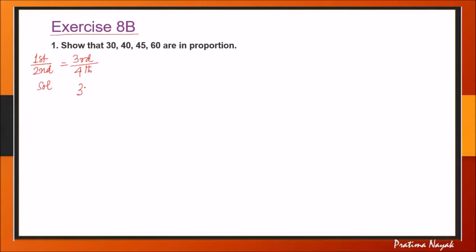So first is 30, second is 40. If I reduce it, how much will it be? I can divide by 10, I'll get 3 by 4. Then third to fourth is 45 to 60. What is the common divisor? I can divide both the terms by 15.